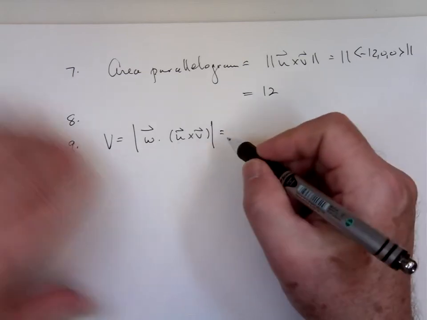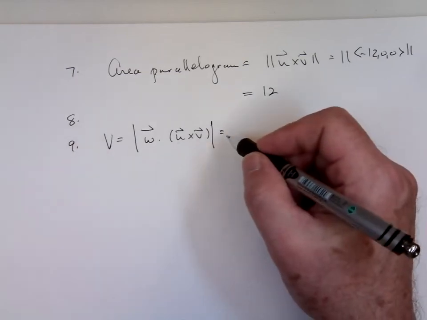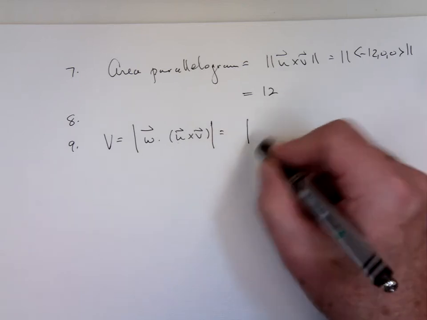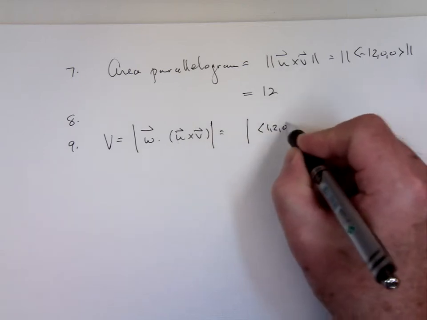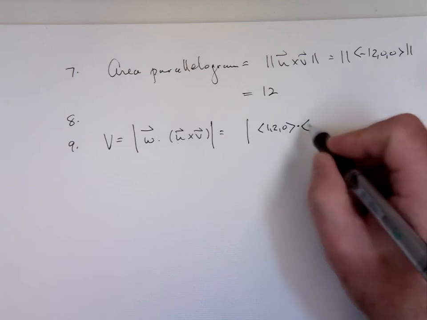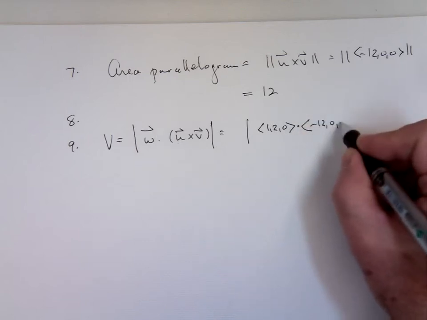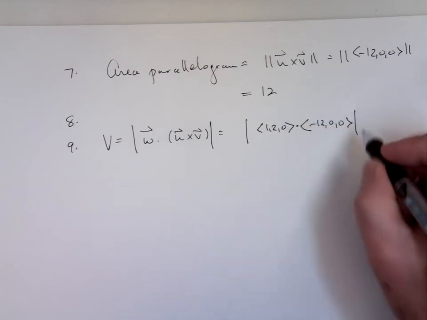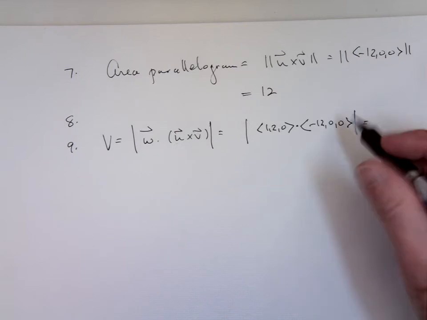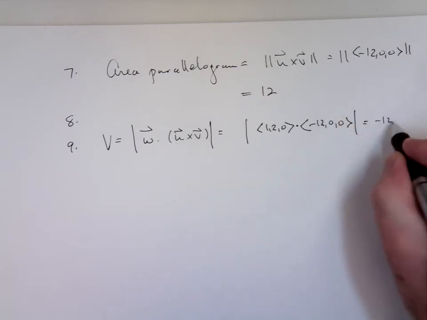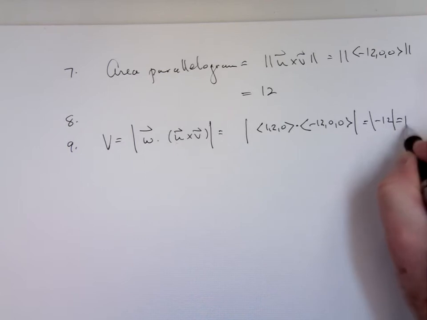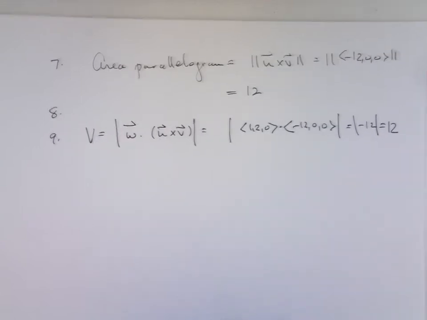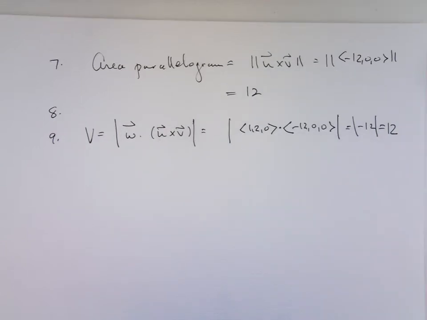So we want to take W, which is 1, 2, 0, dot that with our cross product to get a negative 12 plus 0, so that's 12. So the number 9, the volume is 12.